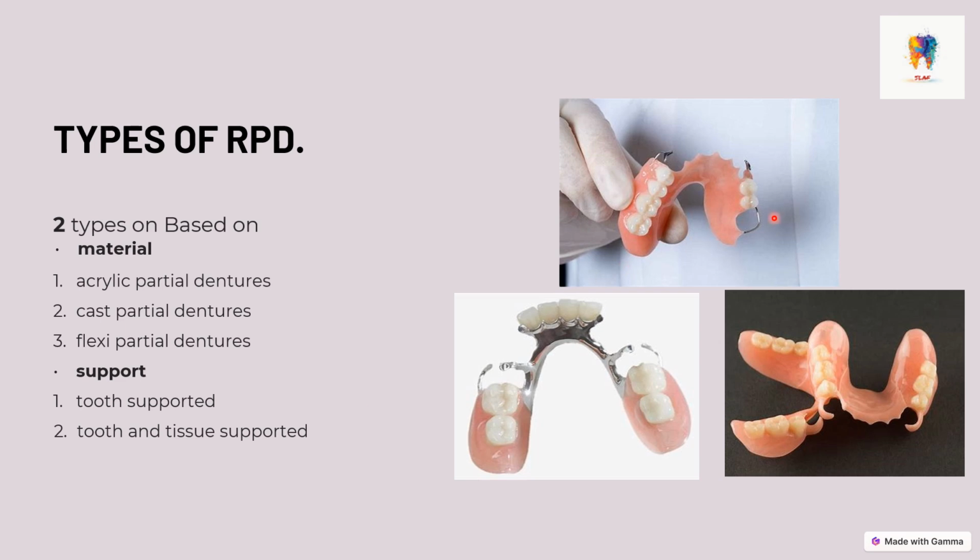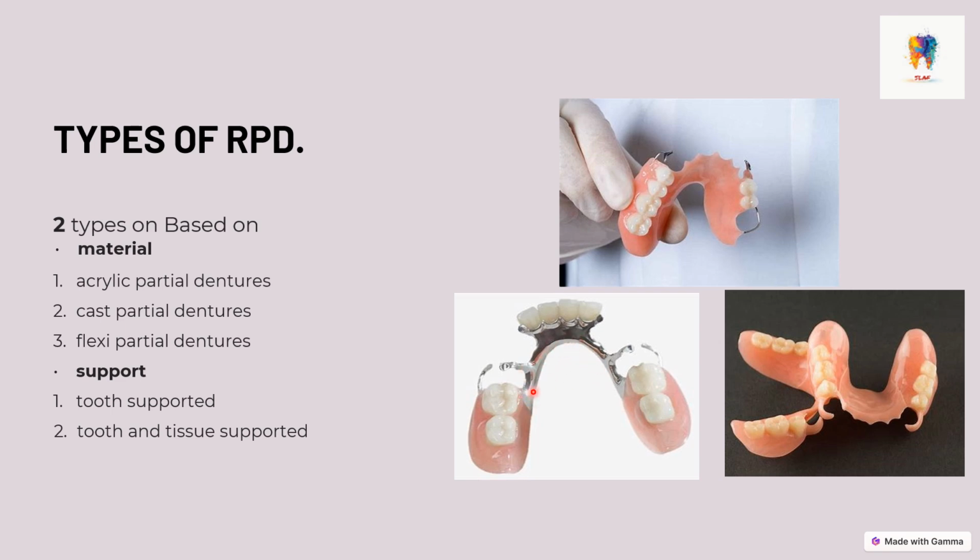Here is your acrylic partial denture. For posteriors, these are the posterior teeth attached to this denture. Then this is your cast partial denture. You see this whole metal thing here.